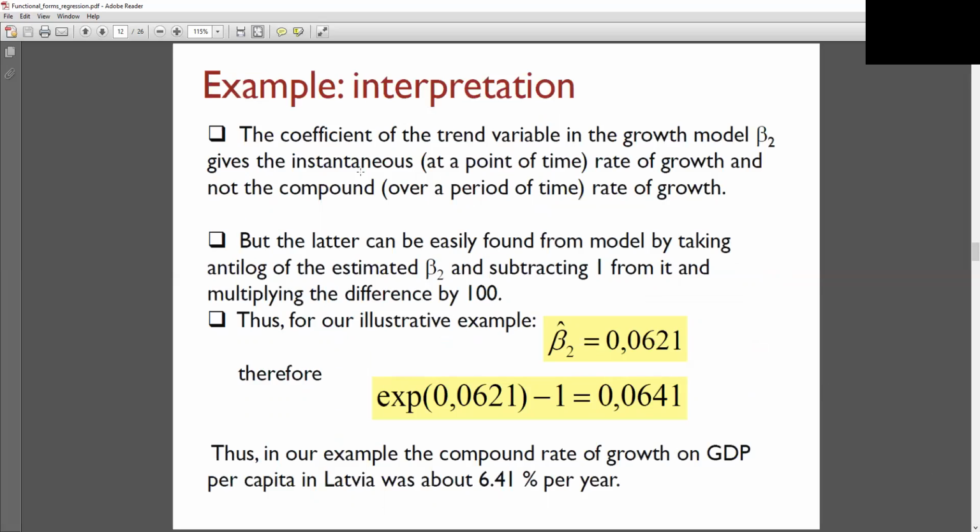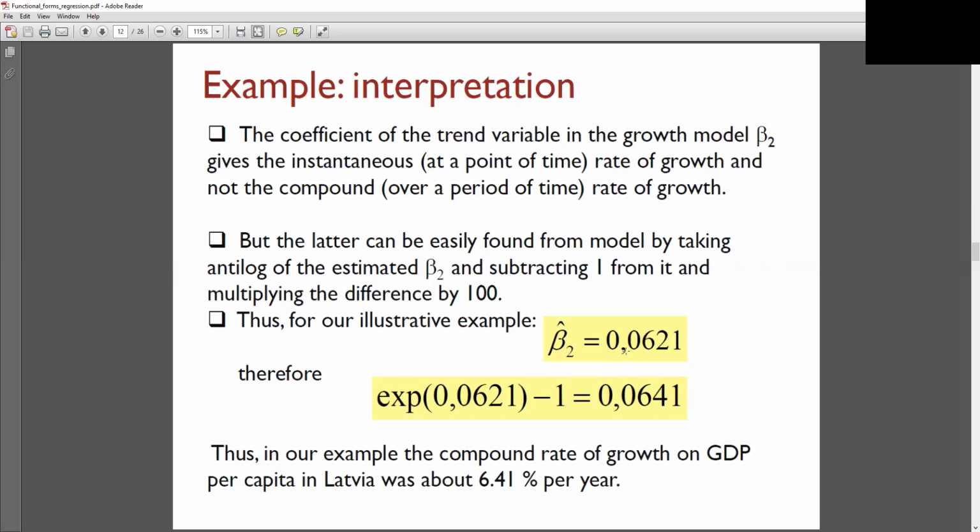Now, the coefficient of a trend variable, the slope coefficient, gives you the instantaneous rate of growth, that is, at a point of time. But what we are interested in is the compound growth rate, that is, the growth rate over a period of time. For that, we can easily find it out by first taking the anti-log of the slope coefficient.